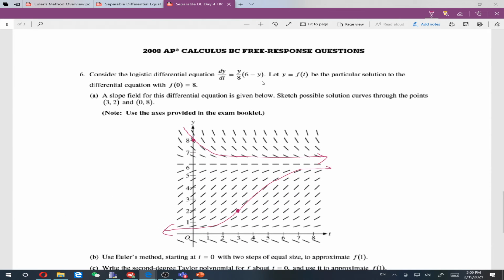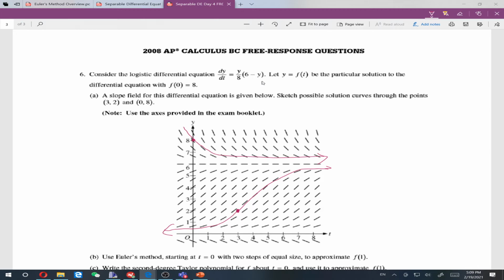Any questions on our sketch? No. All right. Kelly, I'm going to take you for part B then. For part B, we are using Euler's method with t equals 0 and 2 steps of equal size to estimate f of 1.